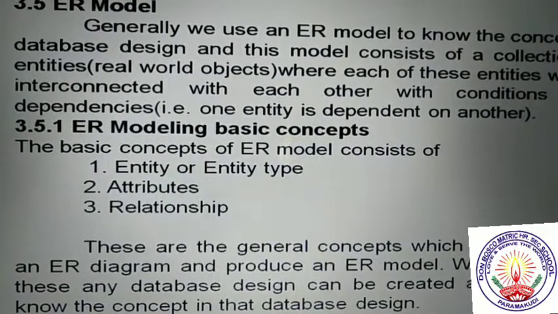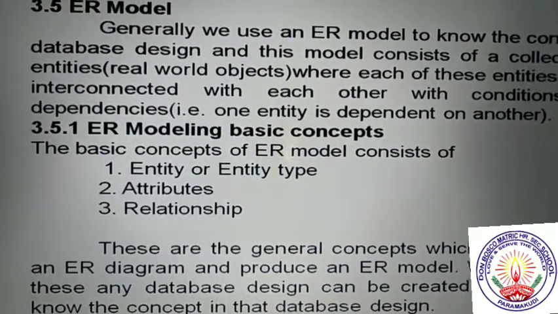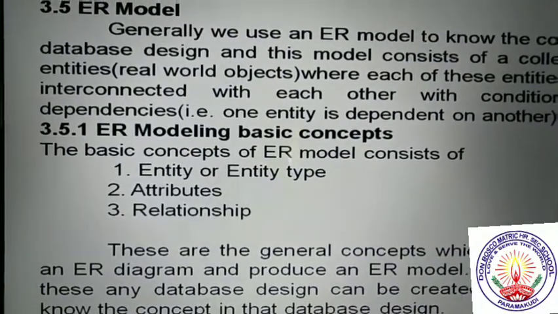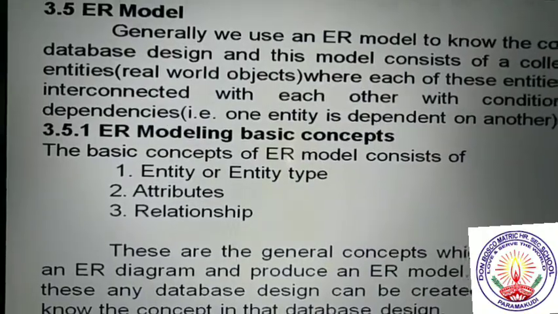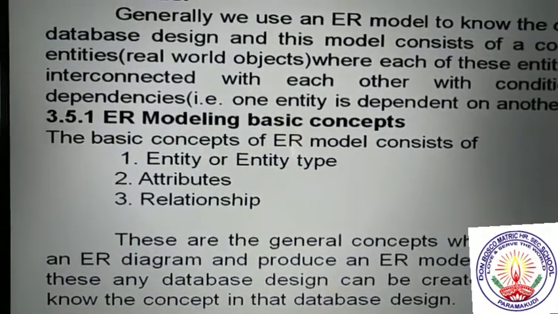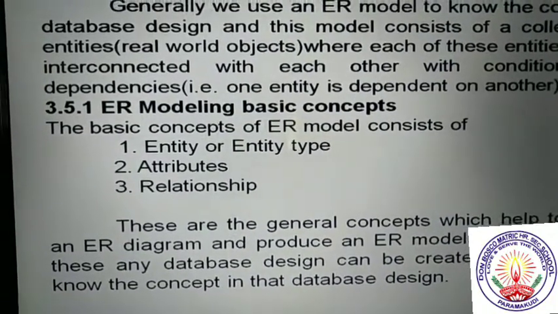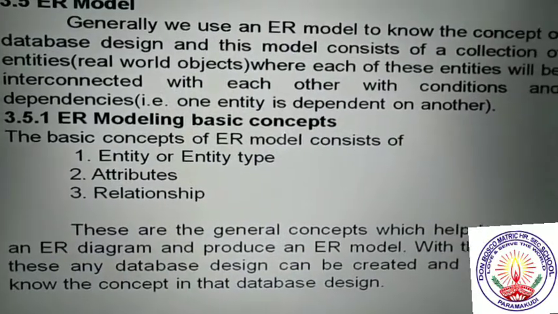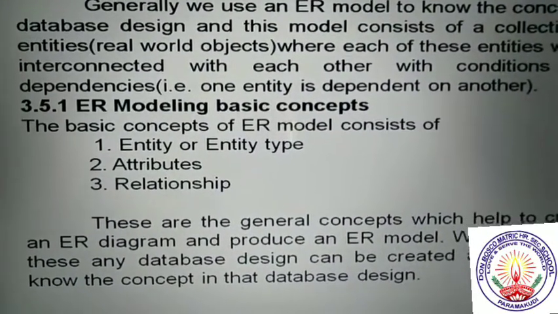The basic concepts of the ER model are three: first, the entity or entity type; second, attributes; and third, relationship. The general concept of the ER model helps to create an ER diagram and produce an ER model.